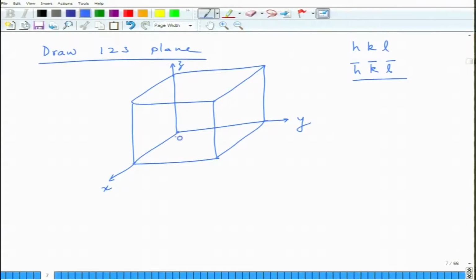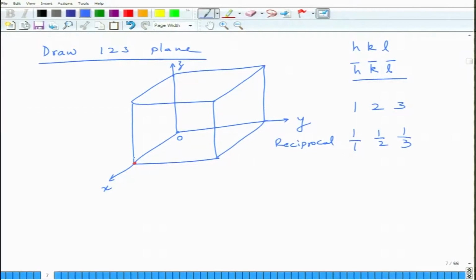If I choose this as the origin O, then my intercept along the x axis is 1. So, you write 1, 2, 3, take the reciprocal, that is 1 over 1, 1 over 2 and 1 over 3. These are the reciprocals, and then put them as intercepts in the unit cell.